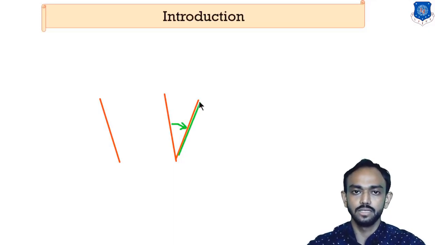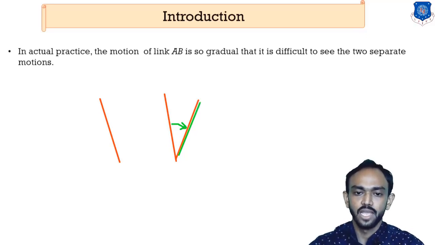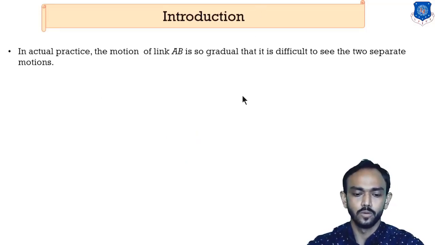So that is a combination. You can't detect which type of motion is there because it changes gradually. In actual practice the motion of links is so gradual that it is difficult to separate the two motions. So let's check.